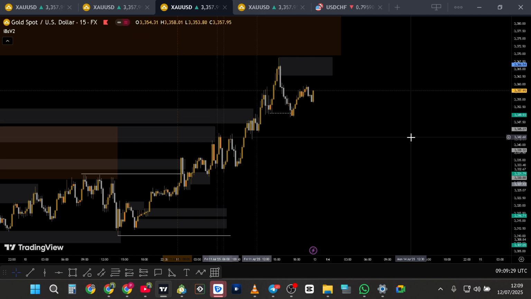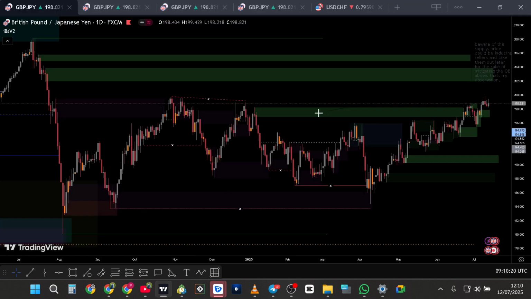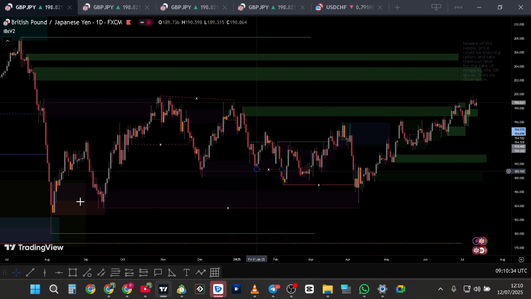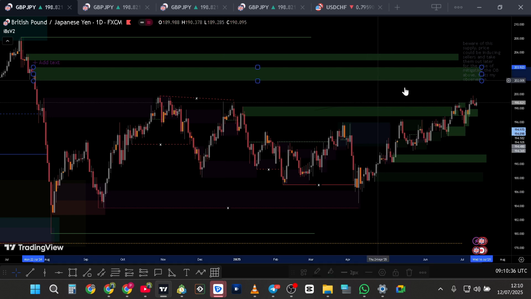Let's now jump to GJ and look at the drama that unfolded. Okay, GBP JPY, a little bit of drama, a lot of hesitation and missed trades. But all that aside, let us look at the reality. So yes, I am still expecting price to come to this supply, expecting it also to react from there.